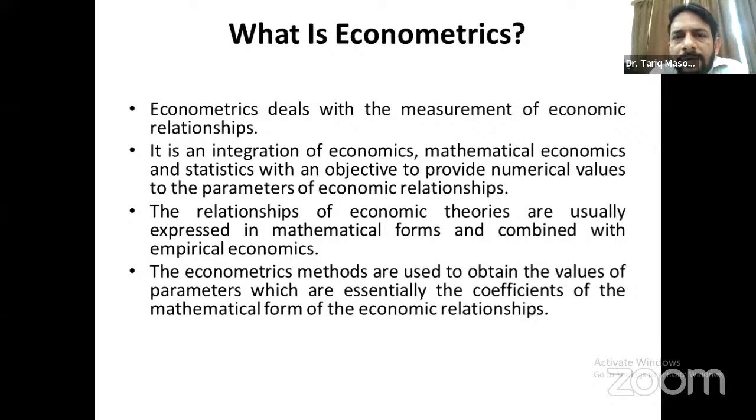So first I will try to say what is econometrics and what is the subject matter of econometrics. In econometrics, we deal with the measurement of economic relationships. Not only economic relationships, sometimes there may be other problems which come from other disciplines, but there is involvement of cause and effect relationship.